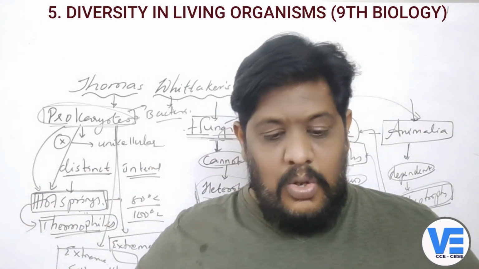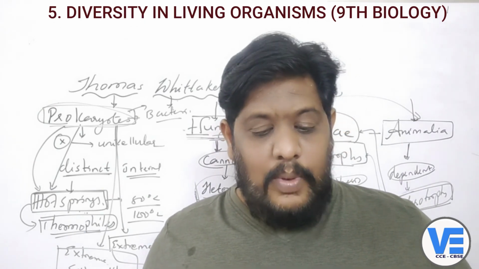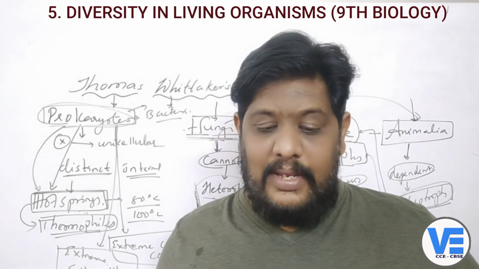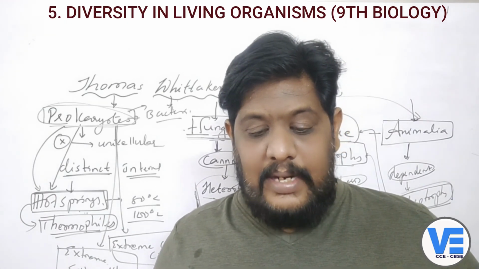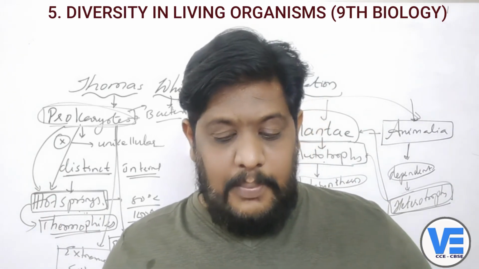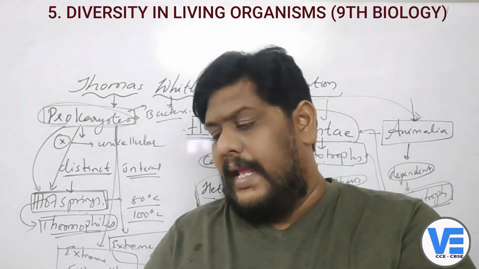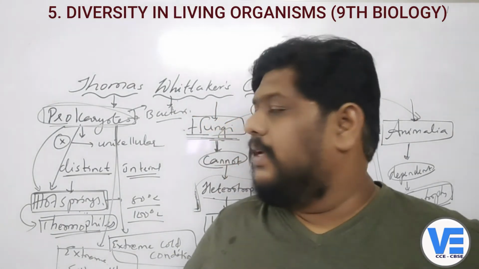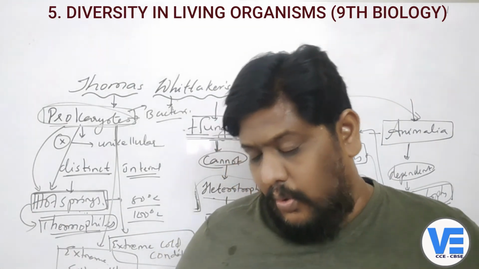Then Woese et al. in 1990 said there are three domains: bacteria, archaea, and eukarya. In 1998, Cavalier-Smith said there are six kingdoms: bacteria, protozoa, chromista, plantae, fungi, and animalia. Like this, modifications were done after Whittaker's classification.